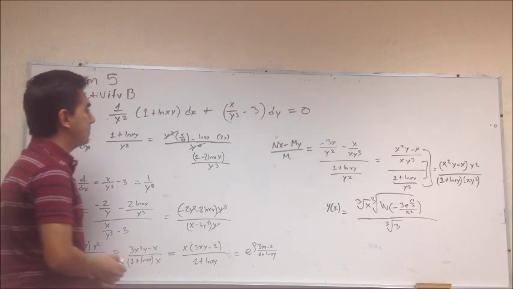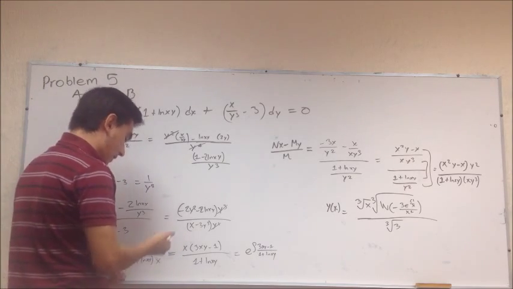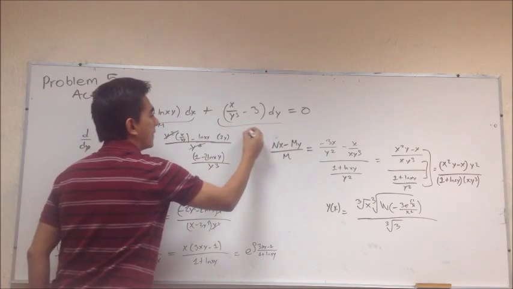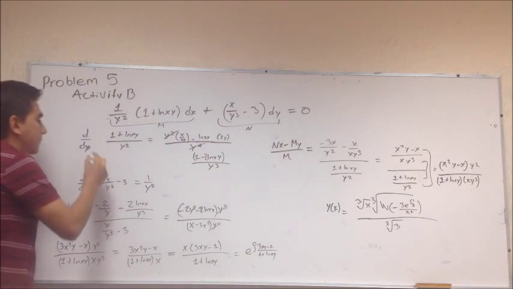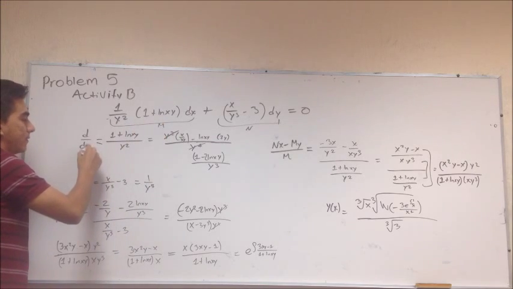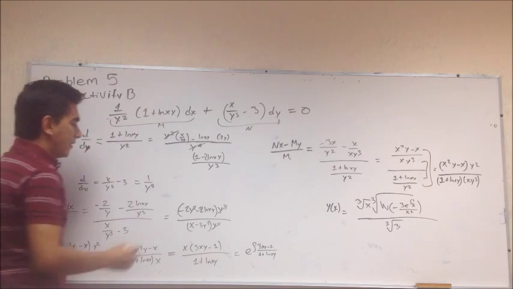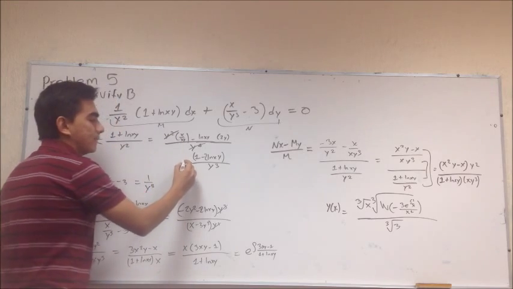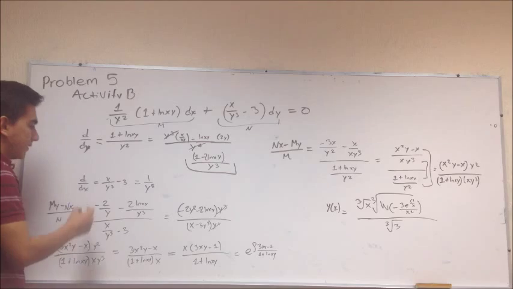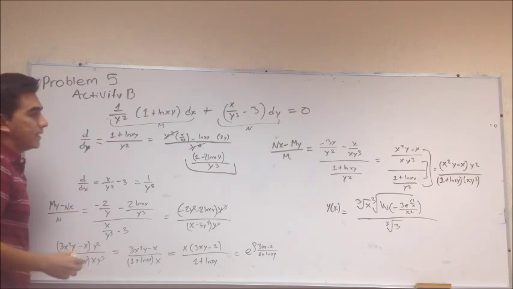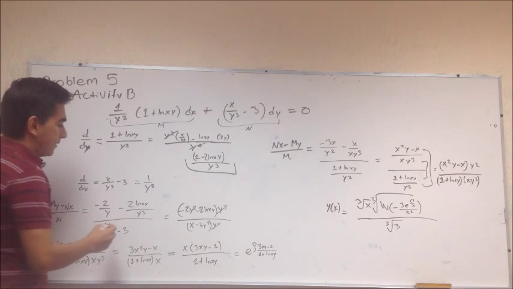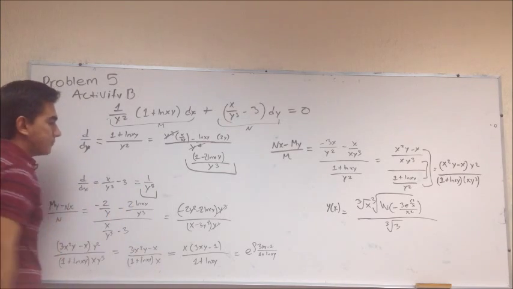Now the first step, here are m and here are n. First we have to derive our first term m with the variable of y. Then we do all the process and we obtain this. Then we have to derive the second term in terms of x, and we obtain this.